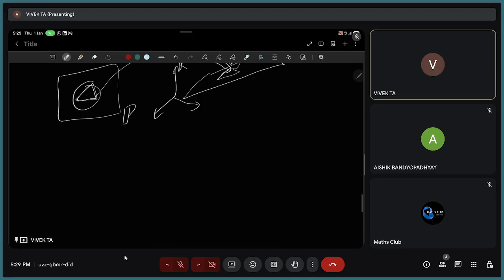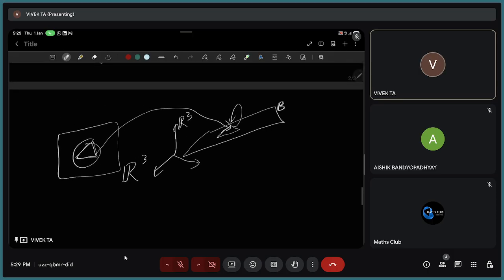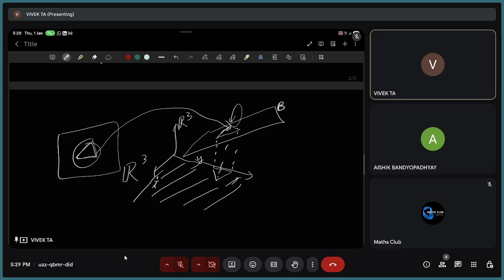So essentially, if you had to see it visually, this is like taking a triangle on the XY plane and lifting it up into R3. This is how it looks. You understand that? Yes.